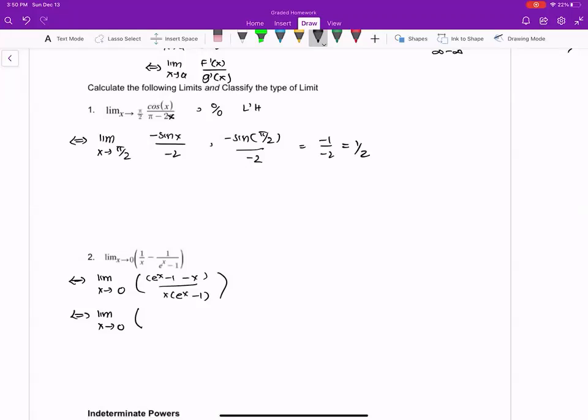I hope that's better. Now you'd notice that if you plugged in 0 there, you'd get an indeterminate form. So you could apply L'Hopital's once again.